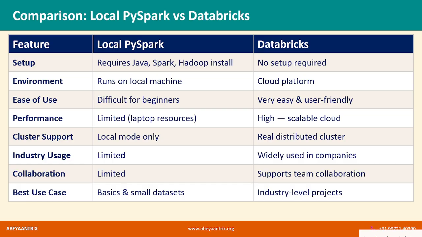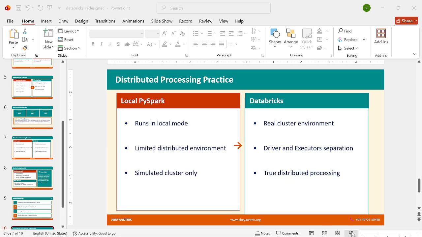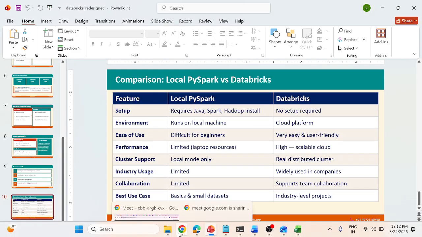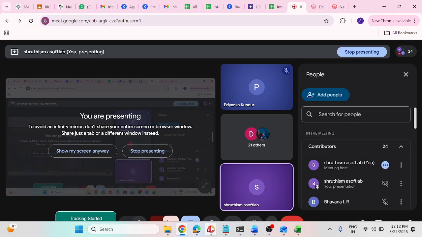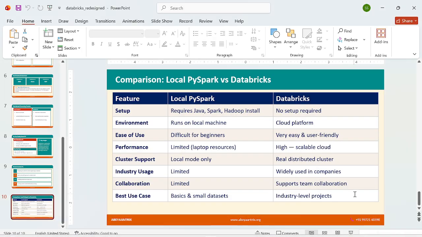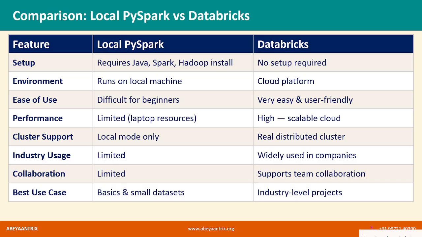Now the full comparison between local PySpark and Databricks. Setup and environment we know: local PySpark runs on a local machine, and Databricks runs on a cloud platform. Then ease of use.